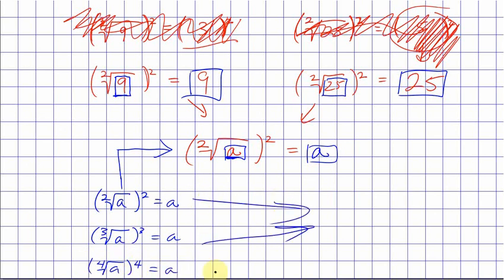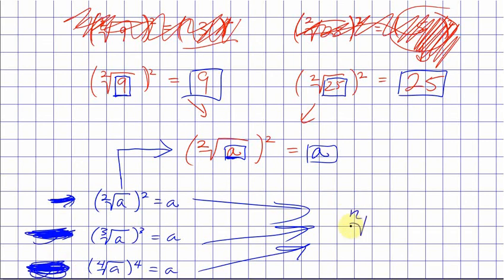And now we can summarize all these in general. Even though we'd have a slightly different argument for each of these, and I'm not expecting you to go through the argument for the fourth root, if we summarize what's going on all together, here you see that a square root and a square cancel each other out. Here you see a cube root and a cube cancel each other out, and here you see a fourth root and a fourth power cancel each other out.